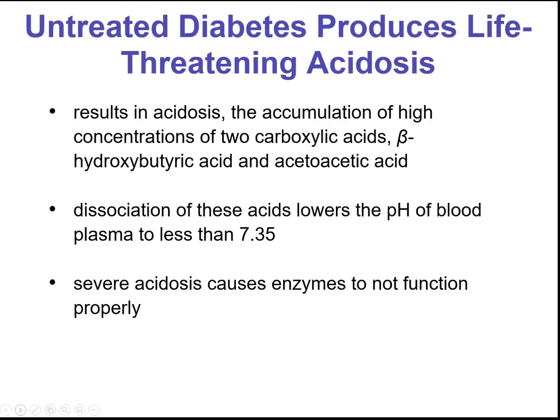And that leads us back to talking about untreated diabetes and acidosis. So when you're diabetic and you don't know it, you have really high blood sugar. Your body doesn't recognize, hey, there's a lot of glucose in my blood. I should take it in and make energy.